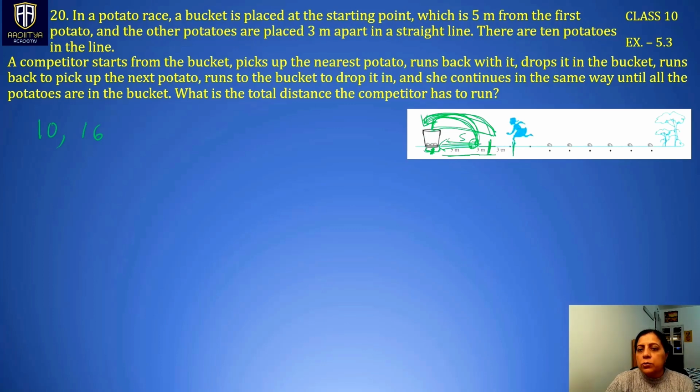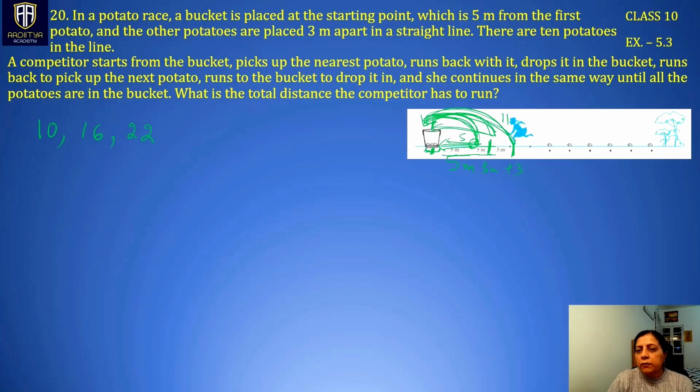Again she goes to pick up the third potato. This is 5 plus 3 plus 3. The third potato is 5 plus 3, 8 plus 3, 11 meters from the bucket. 11 for going and 11 meters for coming back. So it is 11 plus 11, 22 meters.